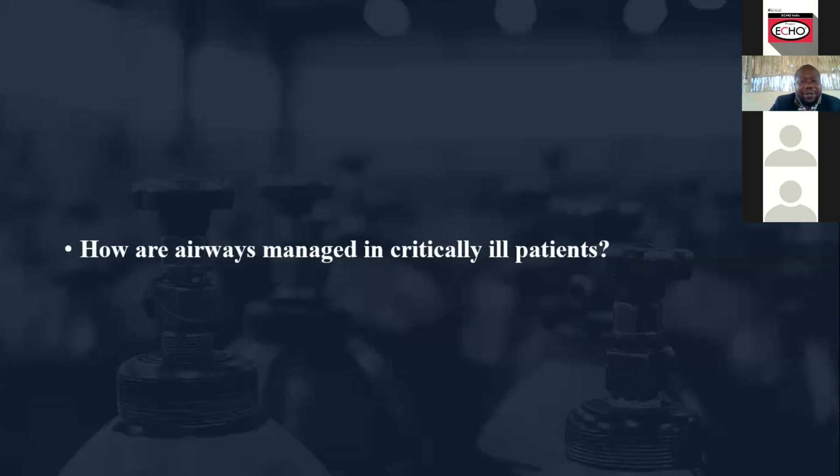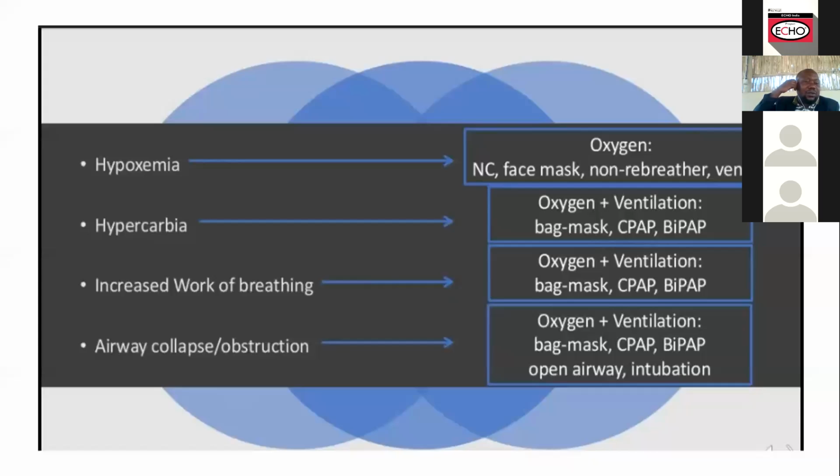How are airways managed in critically ill patients? This is also a very crucial and good question for you as the audience to think about. Airways are really important. As we discussed in the previous session, how do we get oxygen into our lungs?